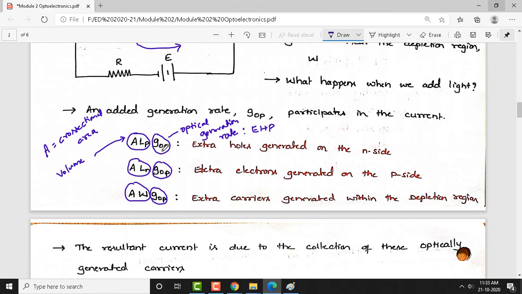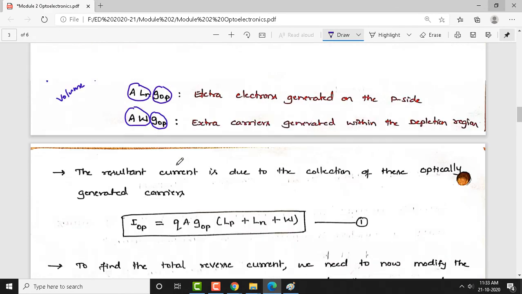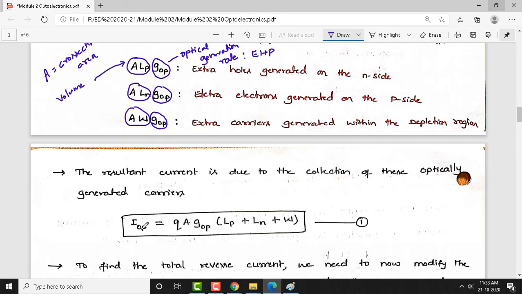Now, all these three together result in a total current. I already mentioned the optical current, now under three segments: Lp on the N side, Ln on the P side, and the depletion region with W, and that gets multiplied with this area.